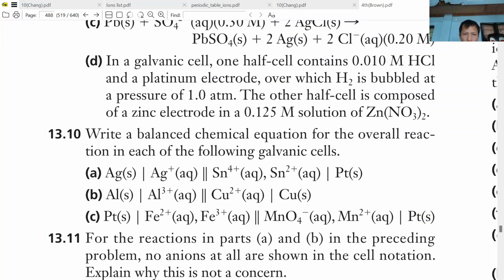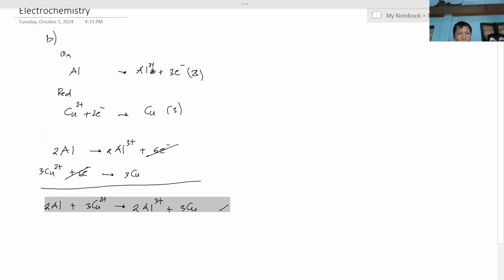So we can disregard the platinum. So you have the oxidation, Fe2+ going to Fe3+, and then you'll write, of course, you need one electron for this one to be balanced.